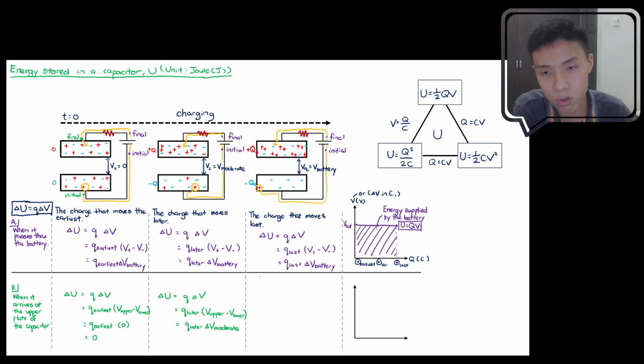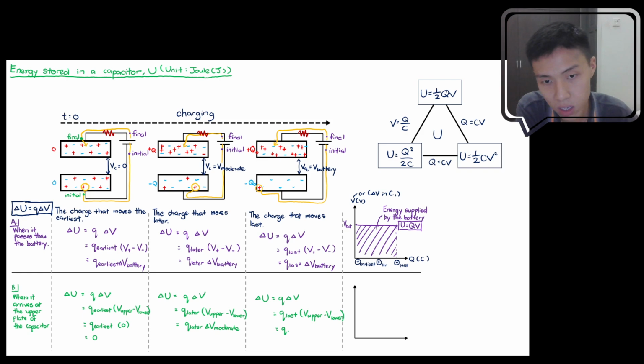It's because if you go through the calculation over here, delta U is equal to Q delta V. You see that for the last charge, delta V is V upper minus V lower as usual. But right now, because it's the last charge already, the potential difference over here is the same as the potential difference of the battery.